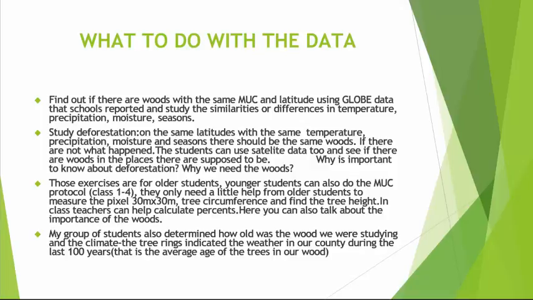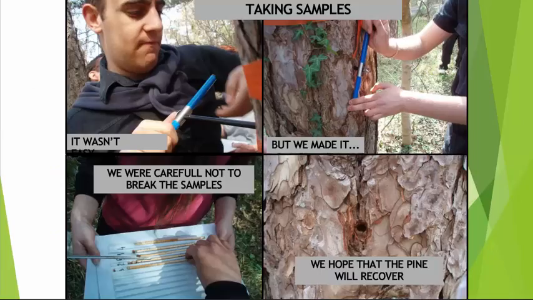My group of students also determined how old was the wood, because we were studying the climate with the tree rings. The tree rings indicated the weather in our country. Our wood is about 100 years old, and so we studied how to determine how old is the wood.